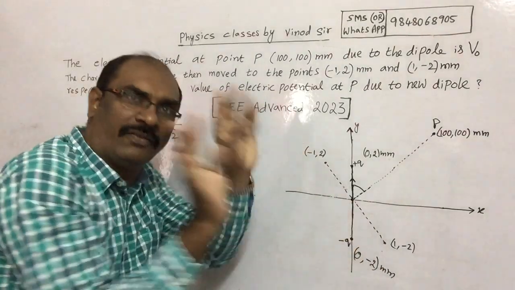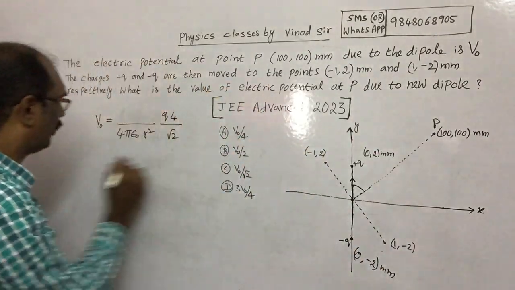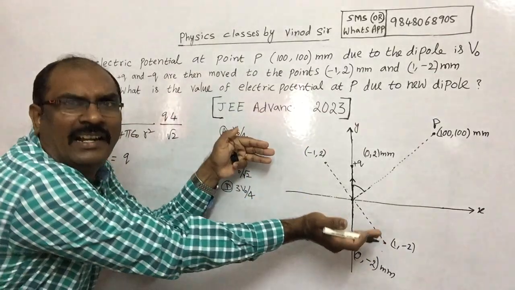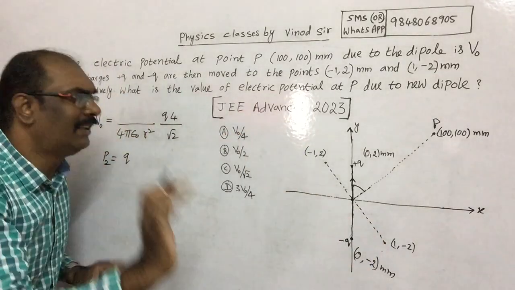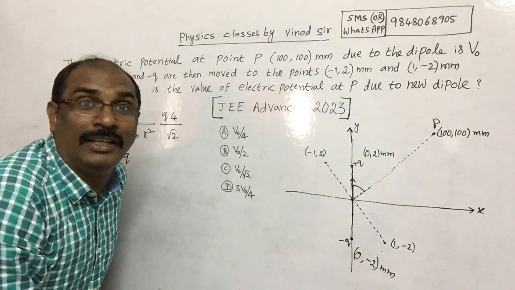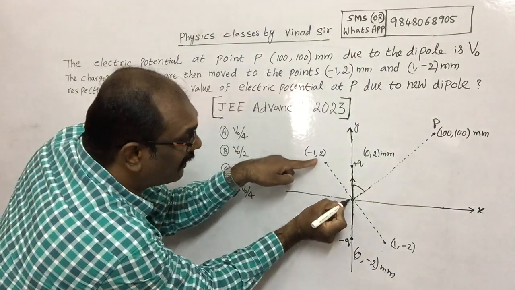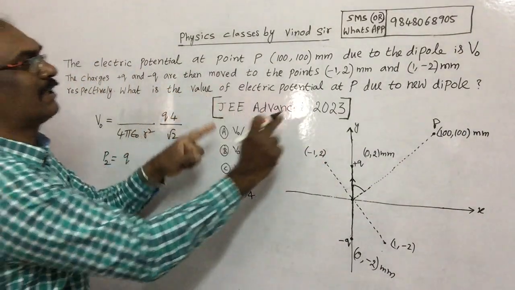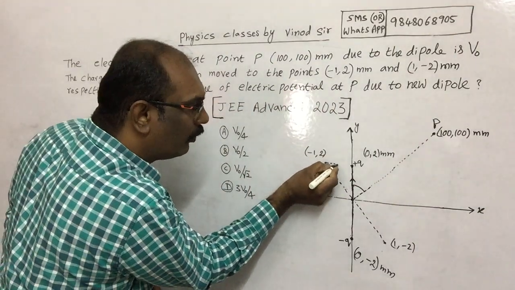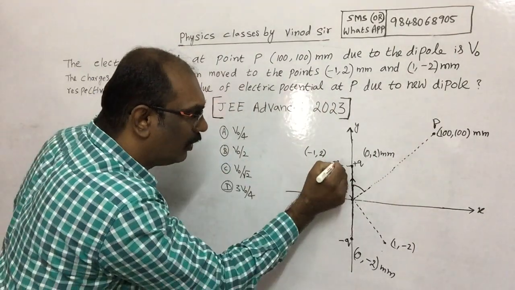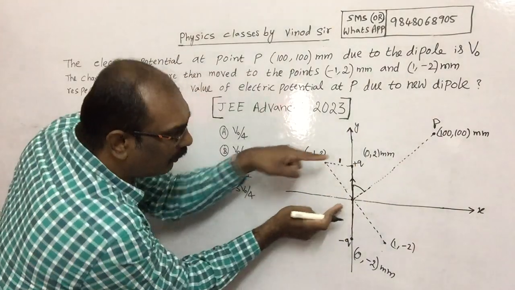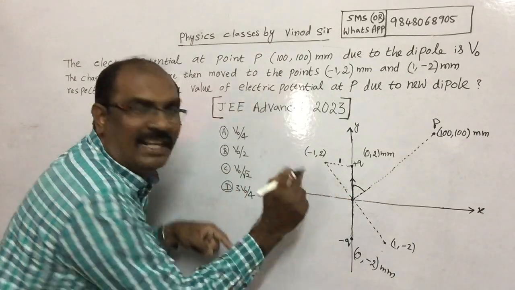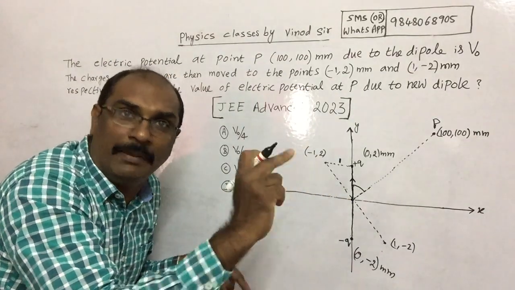Now come to this one. First find the dipole moment, P2. P2 is equal to charge, the same charges only, they just shifted. So I can take Q. And then the distance between the charges we have to find now. From the diagram or the coordinates, we can tell this is 1 and this is 2, and by Pythagoras theorem it becomes root of 1 square plus 2 square, which is root 5.